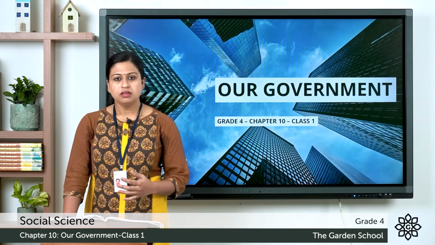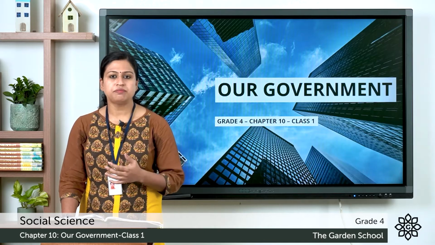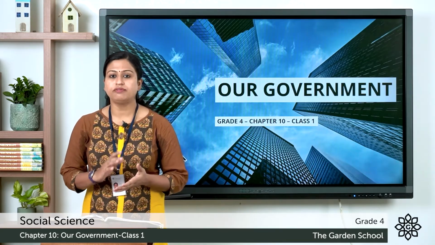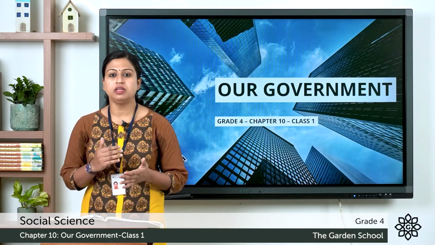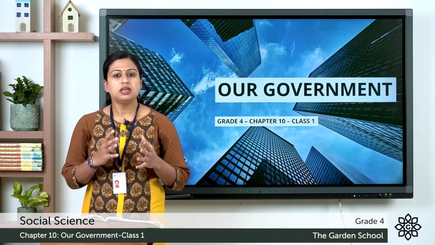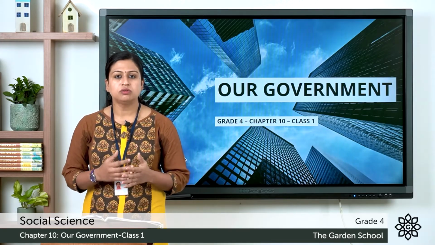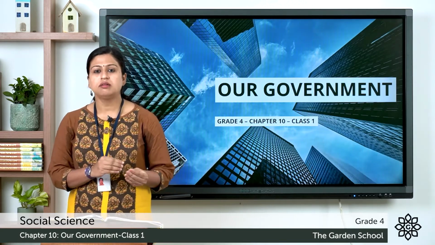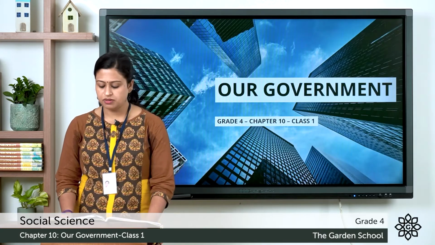Here you can see that we have a Prime Minister and a President, and the President usually refers to the head of the country, whereas the Prime Minister refers to the leader of the government. Government is a team of elected representatives or leaders who make laws for our country. So this is the main difference between the President and the Prime Minister.